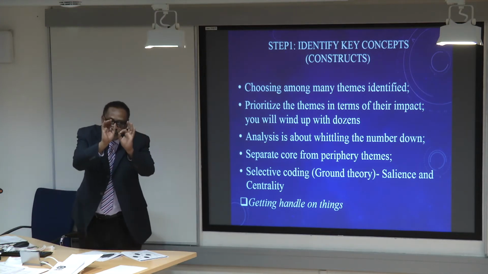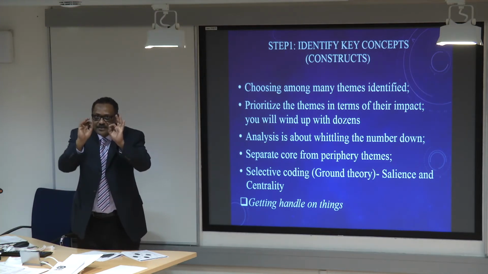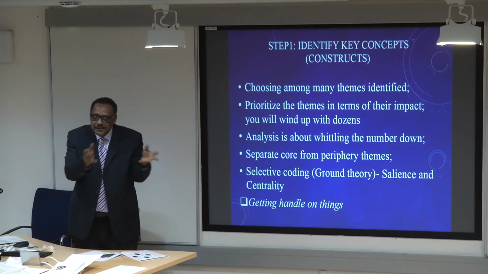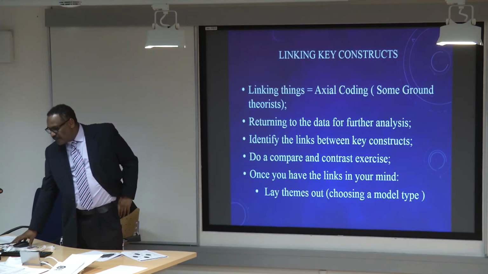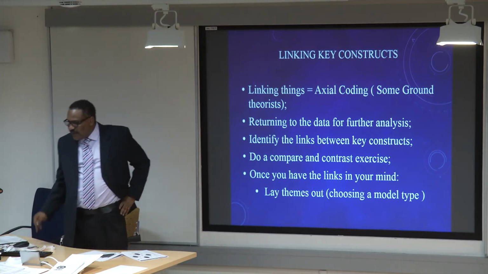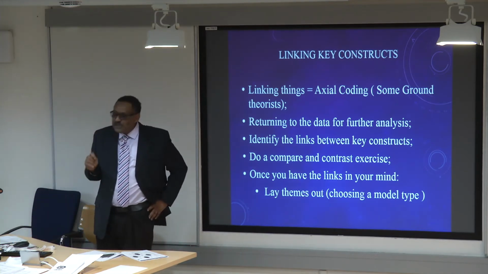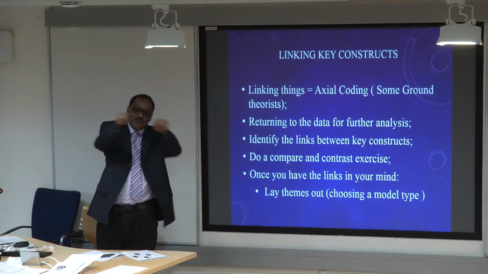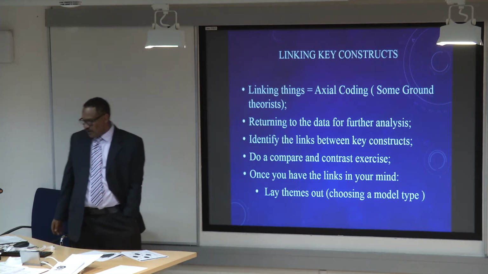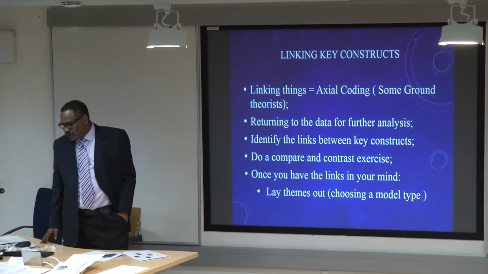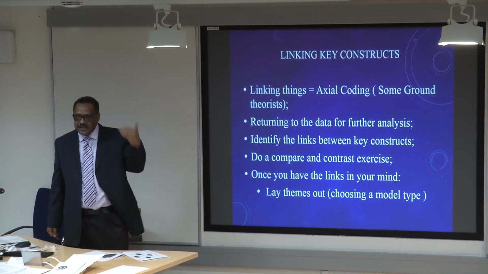What are the most important elements here that can subsume and guide handling things? Linking things, and when we say linking things, this is what we call axial coding. Some grounded theorists call it that. Returning to the data for further analysis. I dig into the data.